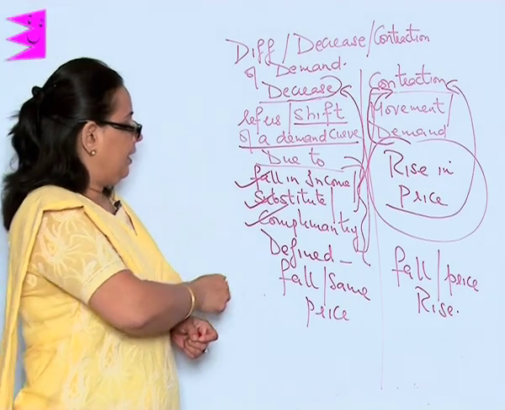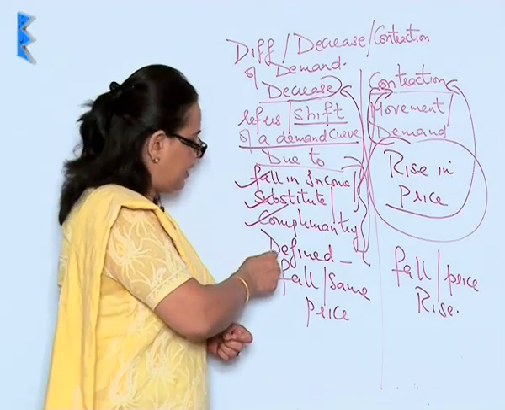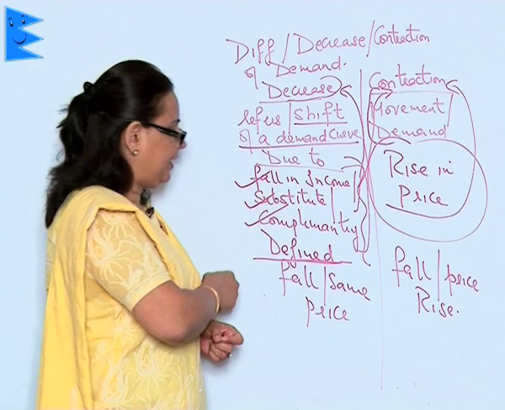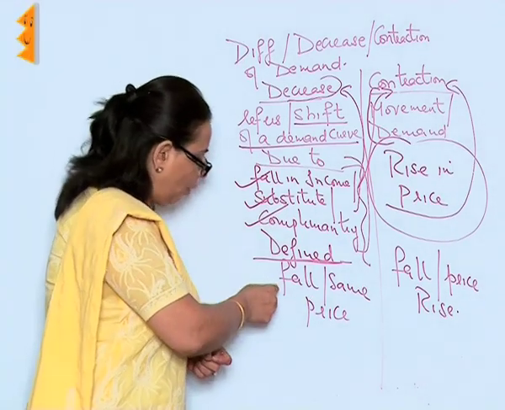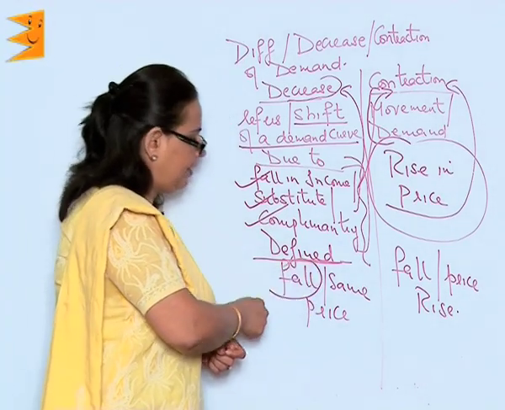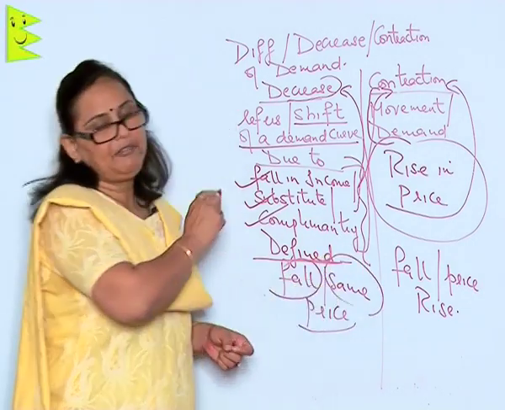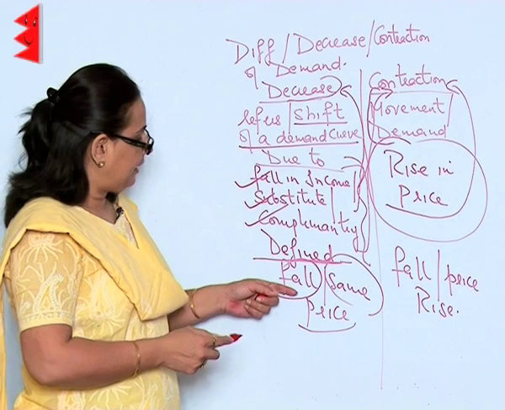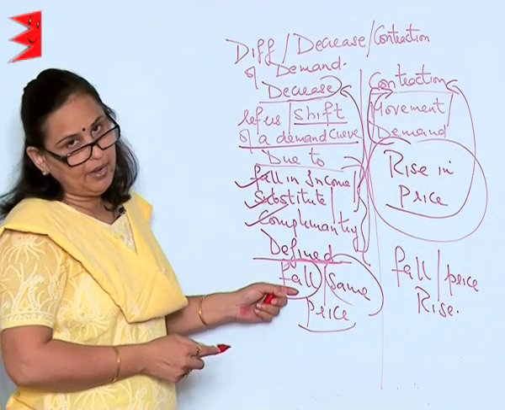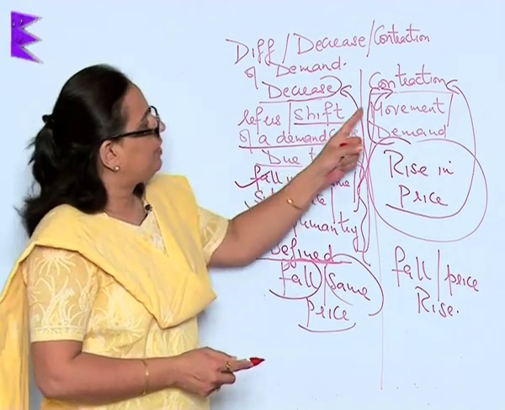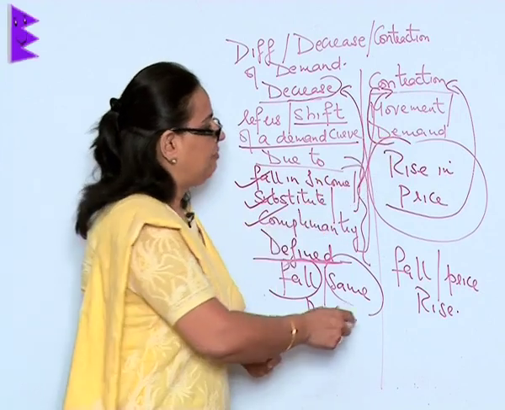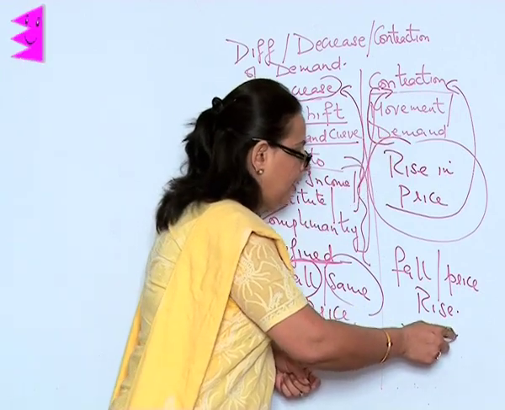Then, this decrease in demand is defined as a fall in the demand at the same price. The prices have not increased, but there is a fall in the demand, whereas contraction takes place when there is a fall.